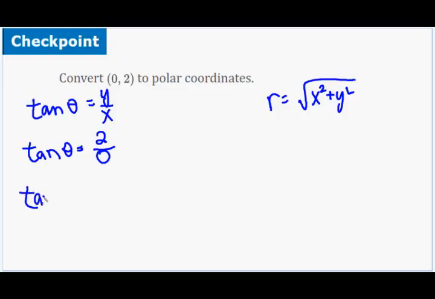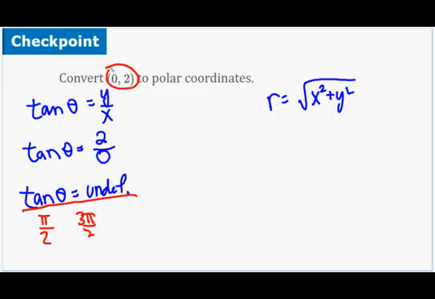Remember, when we are dividing by 0, our tangent value is undefined. If we look at our unit circle, where is tangent undefined? Well, it's undefined at pi over 2, and also at 3 pi over 2.